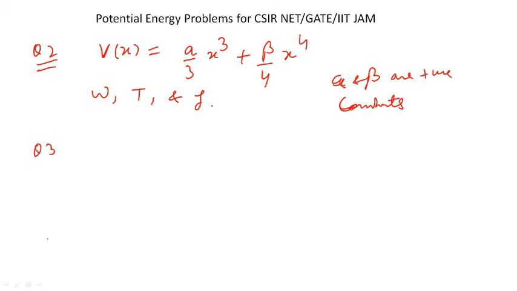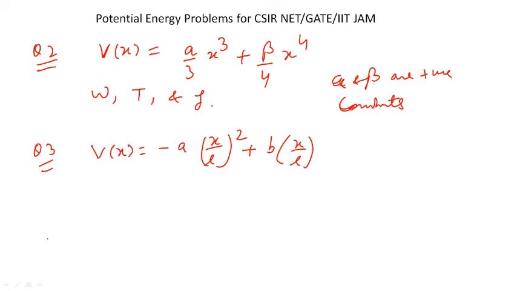Now the third problem is that Vx is equal to minus a x upon L whole square plus b x upon L to the power 4, and you have to find here again omega, T, and linear frequency. Here a, L, and b are positive constants.